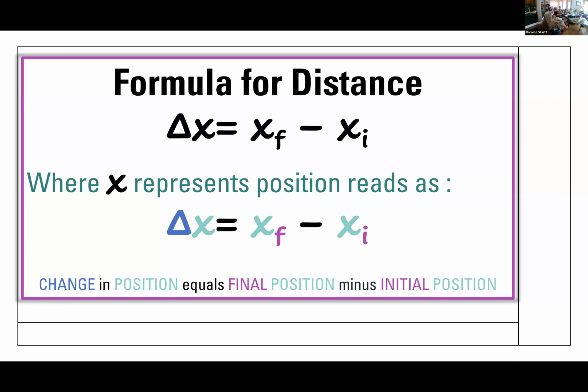So your I and your F are initial and final. It wouldn't make sense for me to go 0 minus 15, right? If I want to go to Milo and it's 15, then 15 is final, minus initial, which would be 0 in this case, so it's 15 feet. But if Bailey wanted to go, she's like 6 feet closer, so it would be 15 minus 6, where she started, initial.